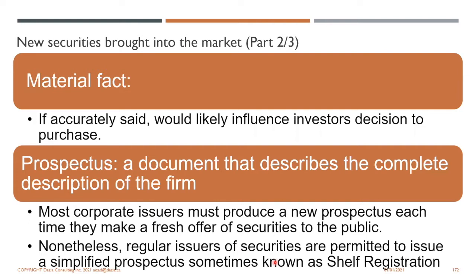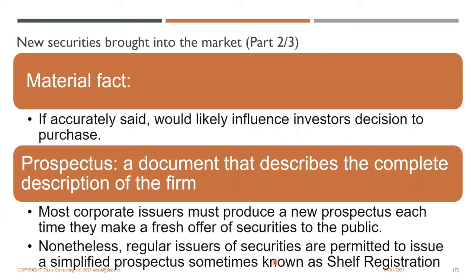A prospectus is a document that describes the complete information about the firm. Most companies must produce a new prospectus every time they issue a new stock or a bond to the public. However, some issuers of securities are permitted to issue a simplified prospectus.